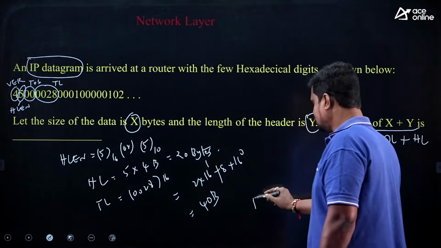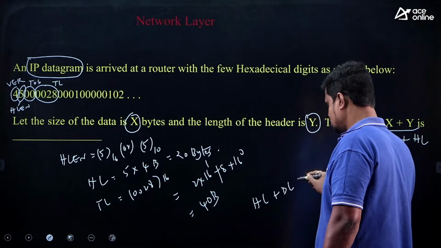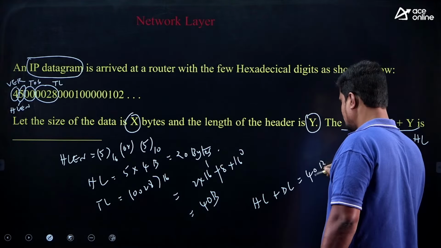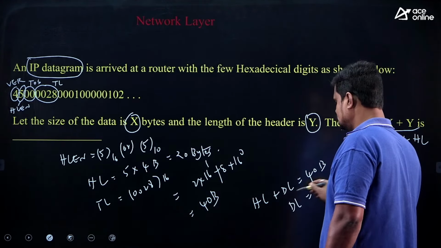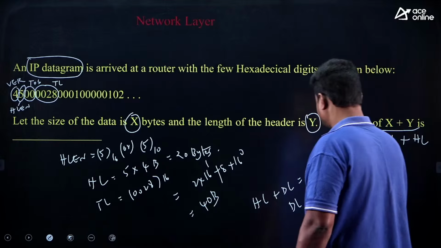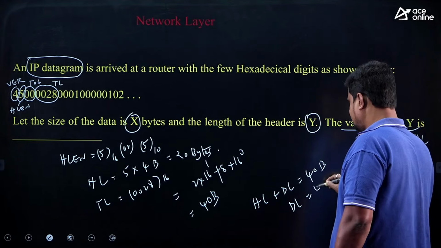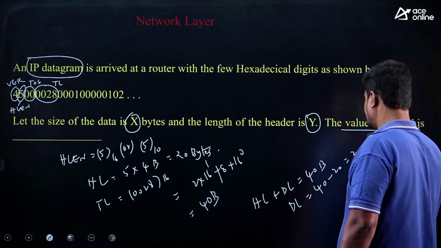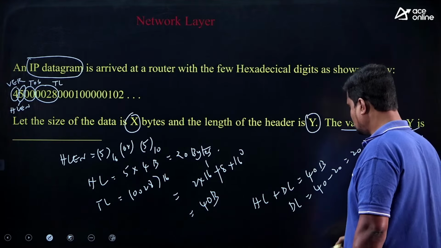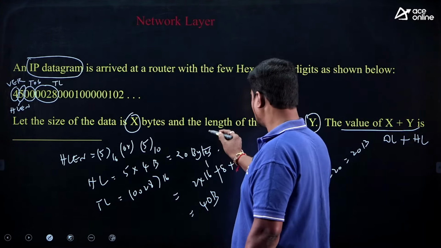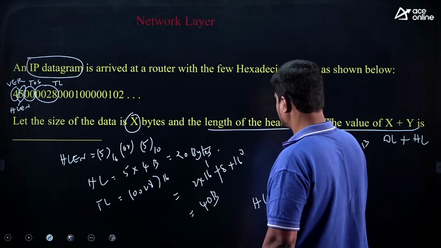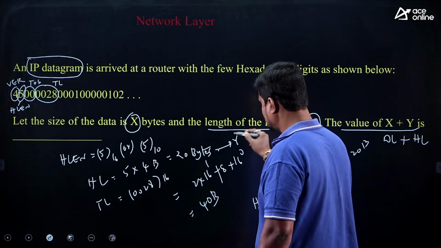You know total length is equal to header length plus data length, which is given as 40 bytes. The header length is 20 bytes. So 40 bytes minus 20 bytes gives you 20 bytes. The question clearly mentions the length of the header is y, so this is your y.